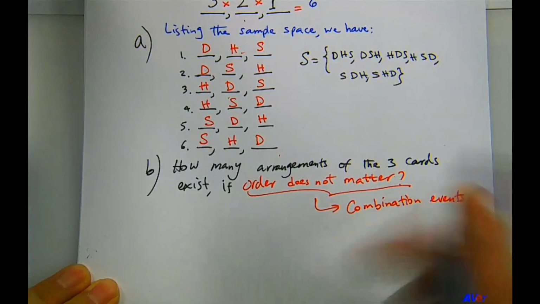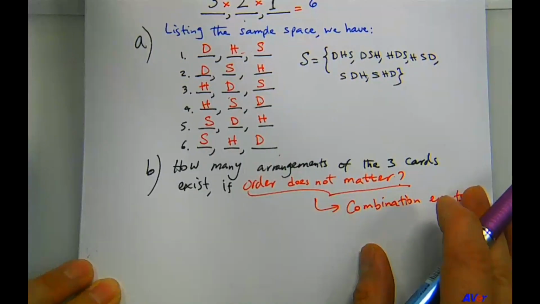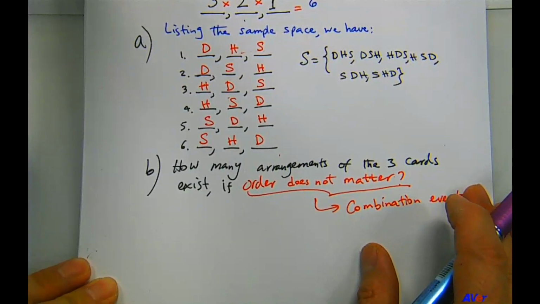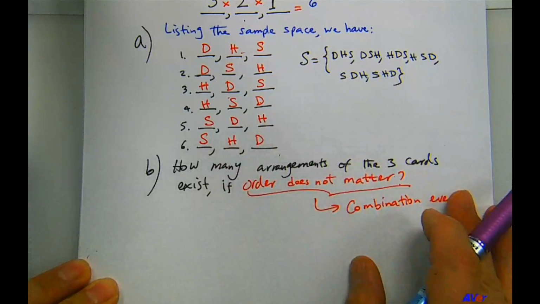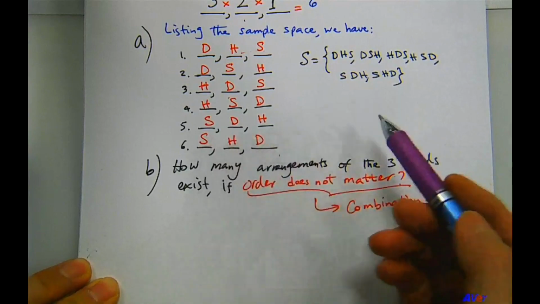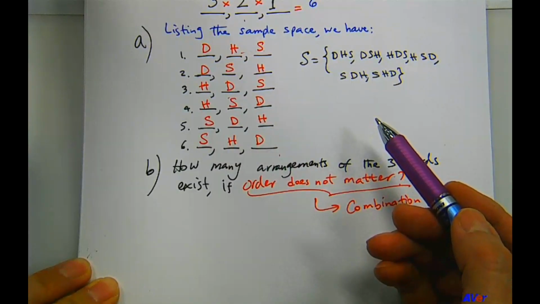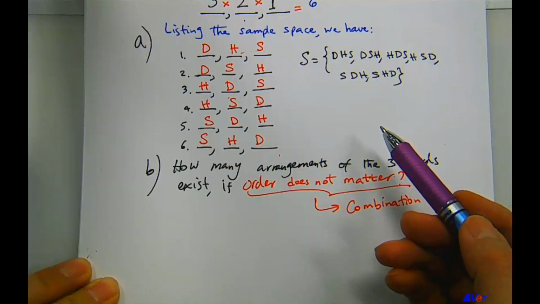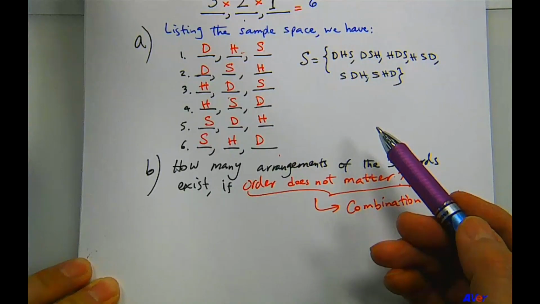Well, if order of these cards doesn't matter, then there is only one way to hold these cards. This is, I call it, for a lack of a better term, the gambler's perspective. So if a gambler had these 3 cards in his or her hand, how many arrangements does he or she have?